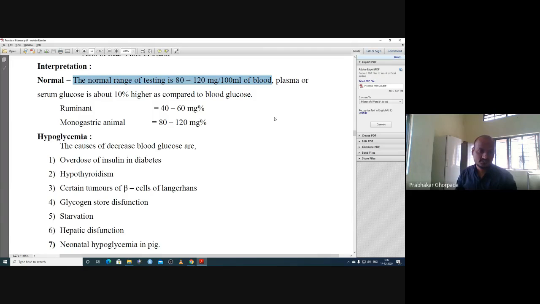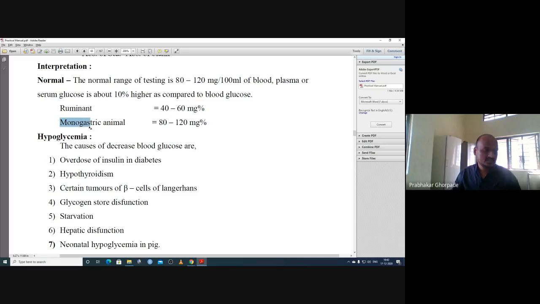So if you are taking a serum sample, it should be higher. In ruminants, the glucose concentration is 40 to 60 milligram percent, meaning ruminants have 40 to 60 milligram per 100 ml of blood.